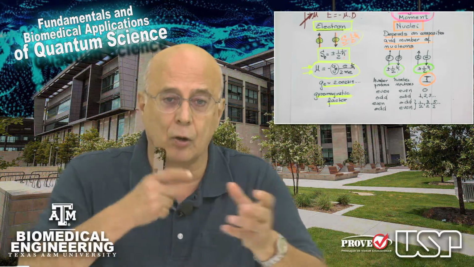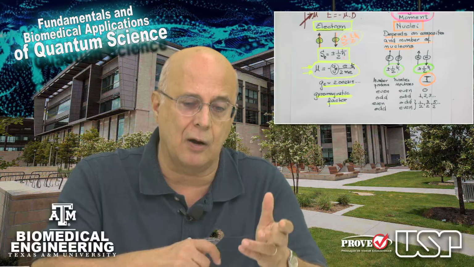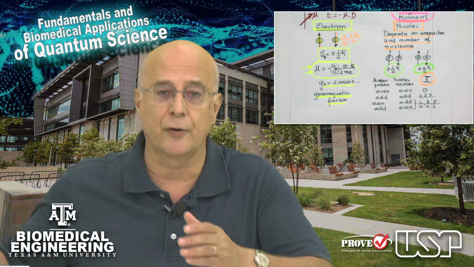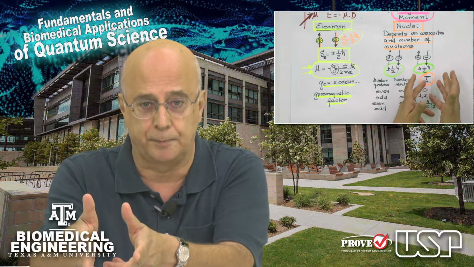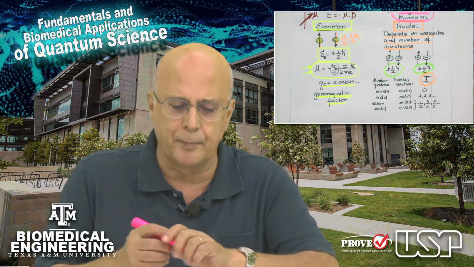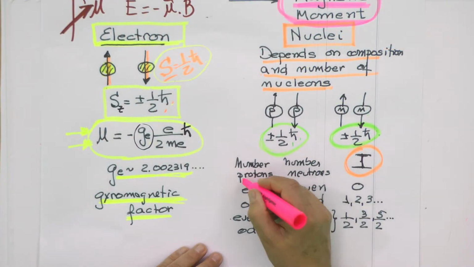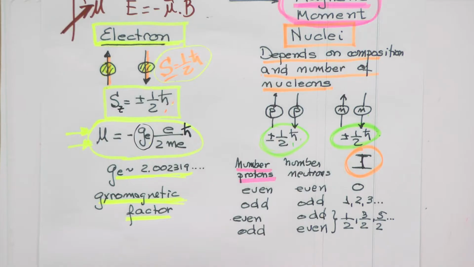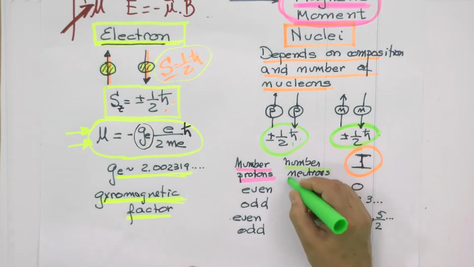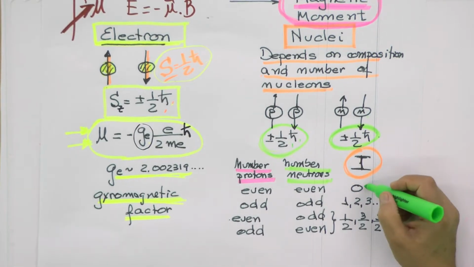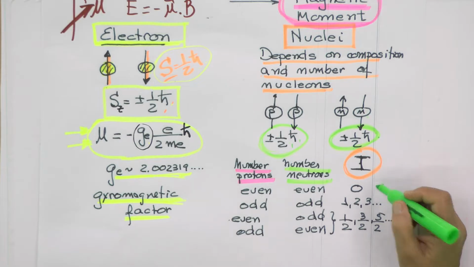Then depending on how many protons and how many neutrons I have, I get different values for the total spin of the nucleus. And here I put the number of protons, here the number of neutrons, and how will be the spin of the nucleus.